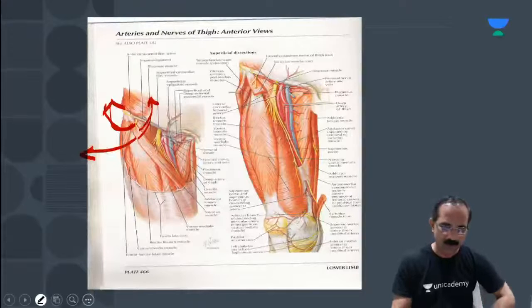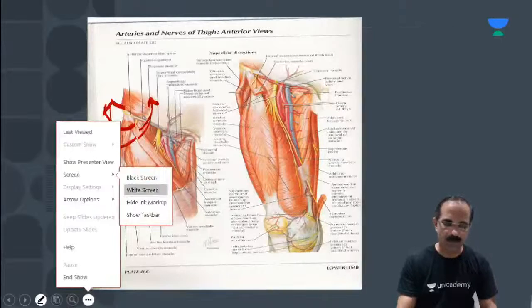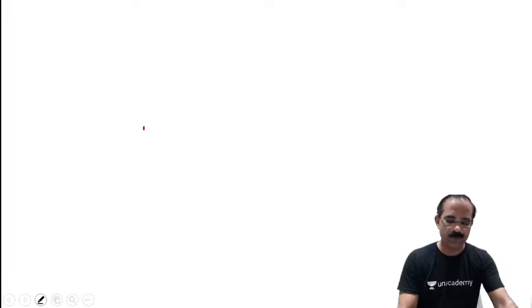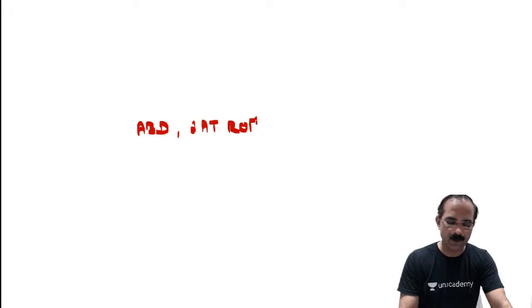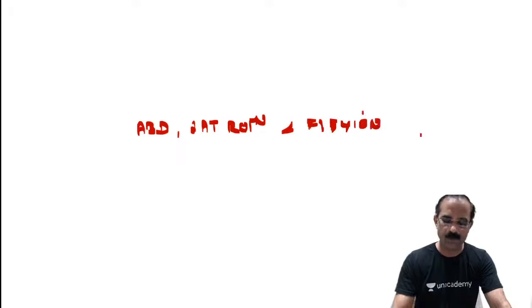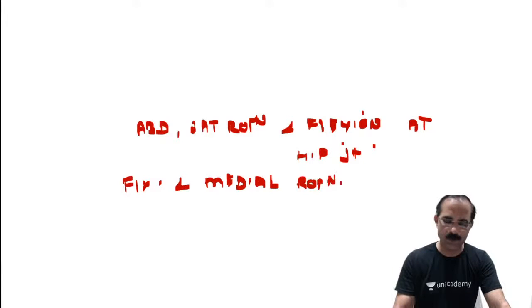I'll just put this on the paper for you. What is the action of sartorius? This is a very important MCQ and a very important thing which is asked in viva. Actions of sartorius on the hip joint are abduction, lateral rotation and flexion, and at the knee joint, flexion and medial rotation.